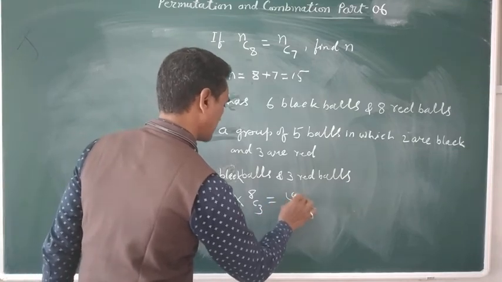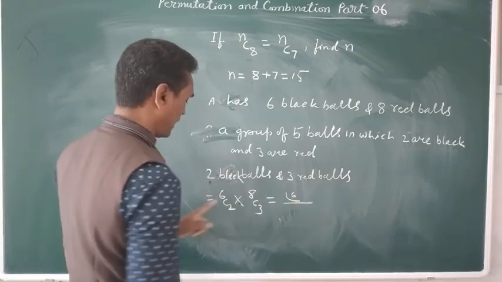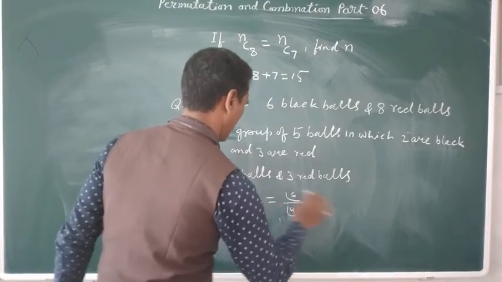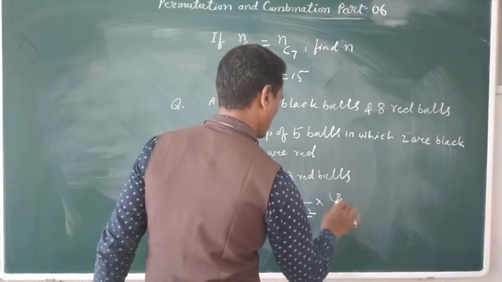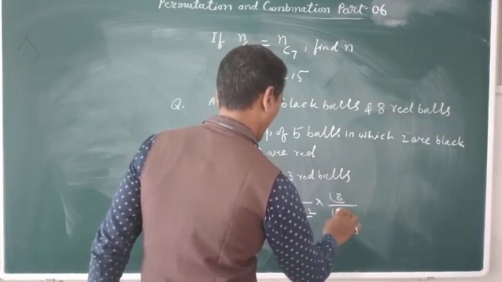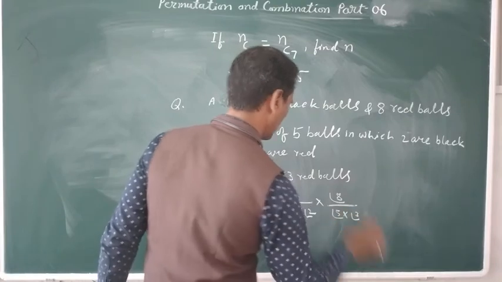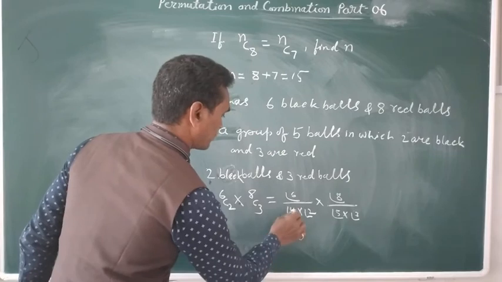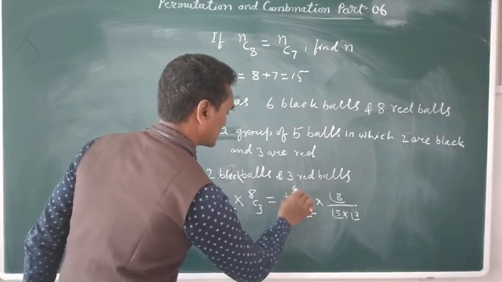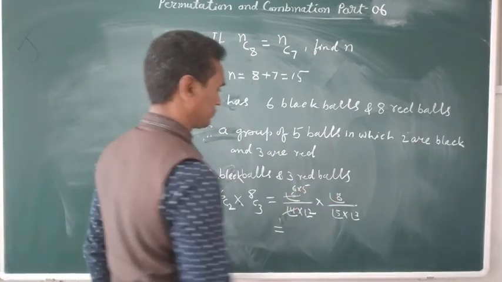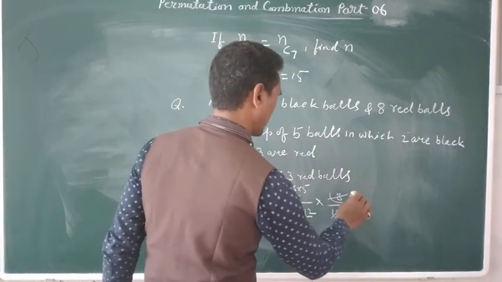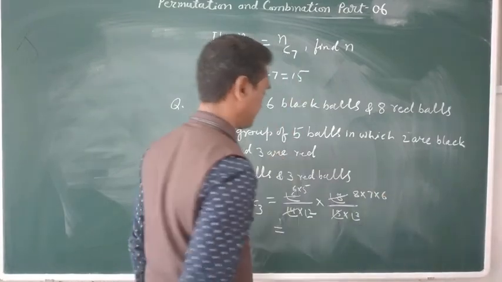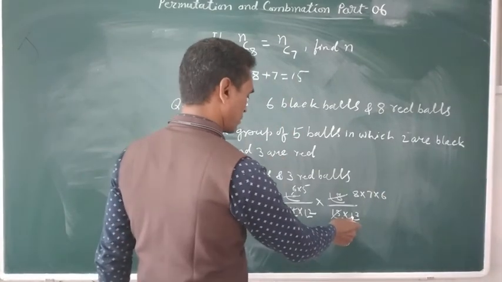Now you calculate this value. Factorial 6 by factorial 4 into factorial 2, and for this factorial 8 by factorial 5 into factorial 3. So after cancellation, up to 4 you can cancel, leaving 6 into 5, and here also 5 you can cancel, leaving 8 into 7 into 6, and factorial 3 is 6.